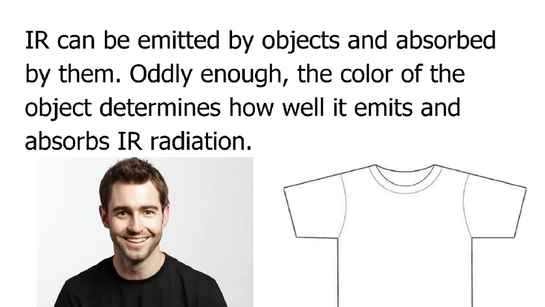Alright, so infrared can be emitted and absorbed by objects, right? We talked about that already. Interestingly enough, does the color of the object matter as to how well it emits and absorbs infrared radiation? Oddly enough, it does matter, all right? As it turns out.